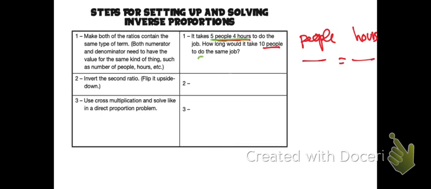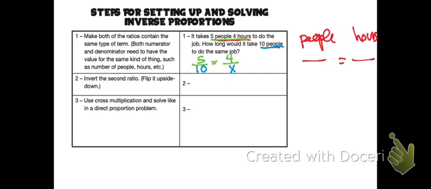So 5 people, 4 hours. And then the bottom of the fraction needs to be that second piece of information. 10 people, we don't know how many hours. So one fraction is my people, the other fraction is my hours.